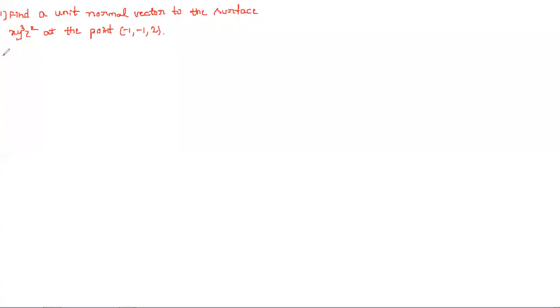So find a unit normal vector to the surface xy cube z square at the point (-1, -1, 2). Okay, so write down the solution.